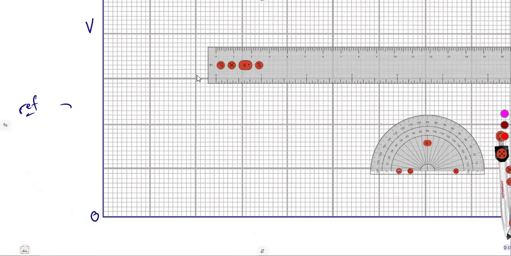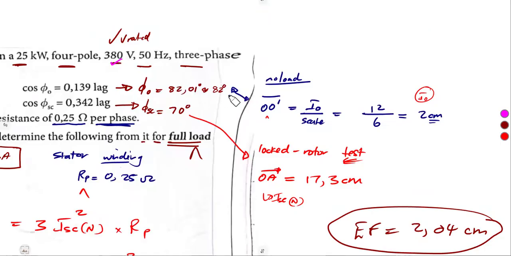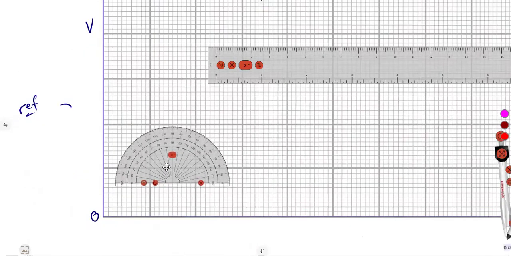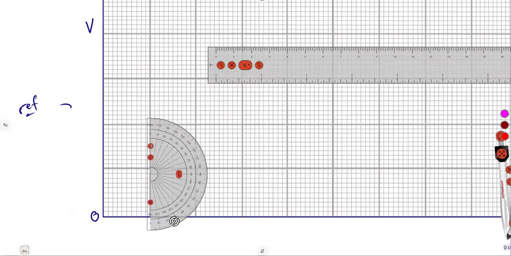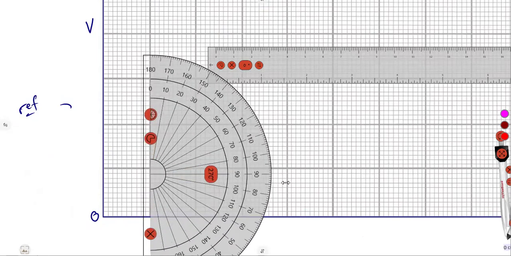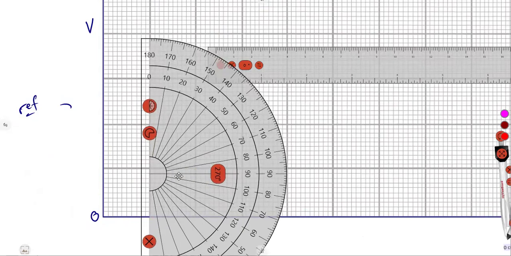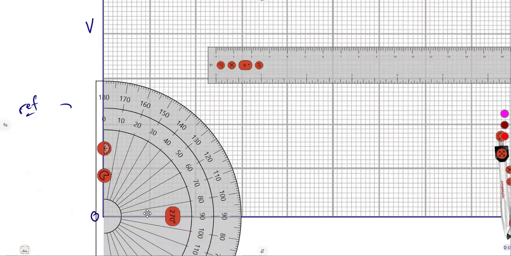So the first part is for the no load. We have got for the no load here 82 approximately. So we need to measure 82 from what? From the reference. Remember, guys, from the reference. So this here is supposed to be on the origin.